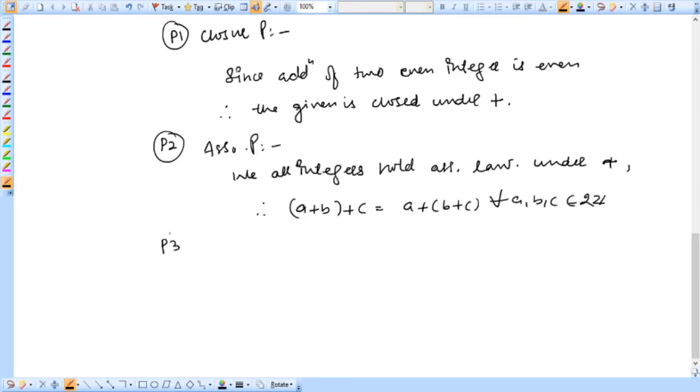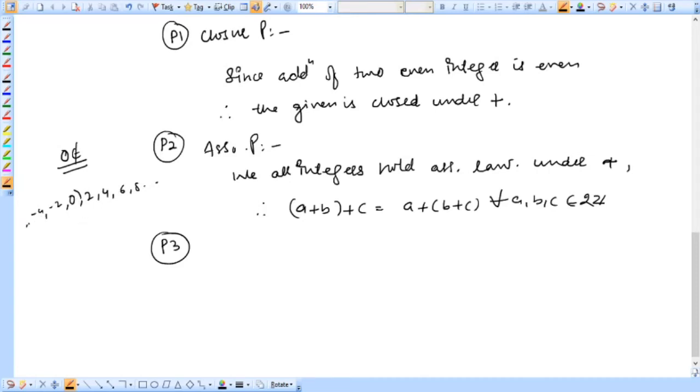Thirdly, you see, in the last case 0 was not belonging to odd integers, but in this case 0 is belonging to even integers, right? This set contains 0, 2, 4, 6, 8 and so on, -2, -4 and so on.